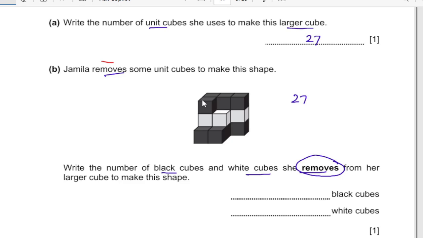If you see, we have 3 here, 3 here, 3 here. So 3, 3, 9. These are total 9. Then this one is 10, and then 2 here.